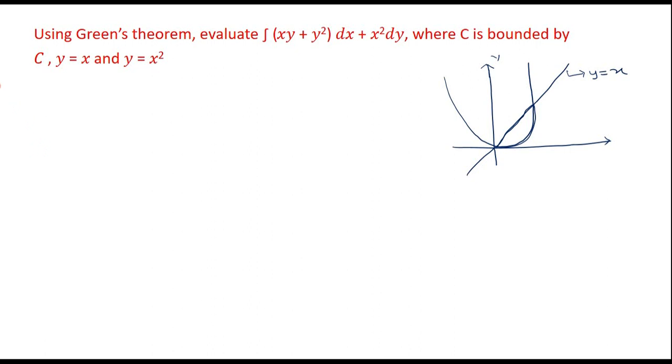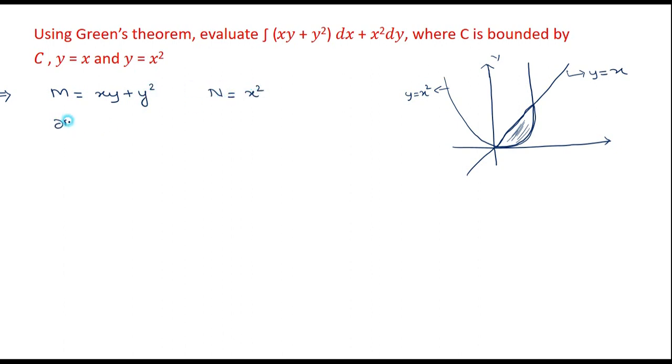According to Green's theorem, the line integral over this boundary is converted into the integration over the region bounded by both the curves. So this is the curve y is equal to x square. Now in this case, M is xy plus y square and N is x square.